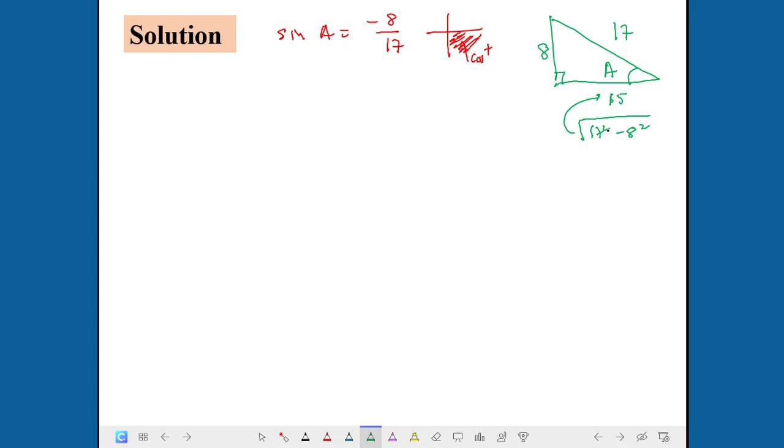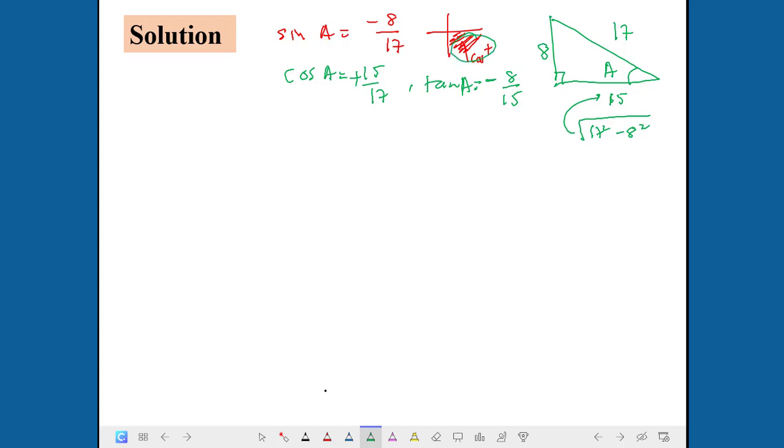Okay, double check. So from here, cos A is 15 over 17, positive. Why? Because it is in the fourth quadrant. Tangent A is equal to negative 8 over 15. Why negative? Because it is in the fourth quadrant.